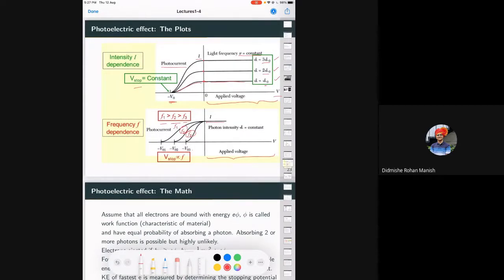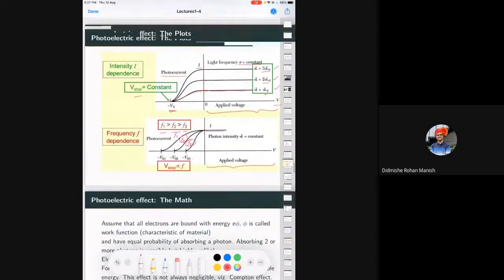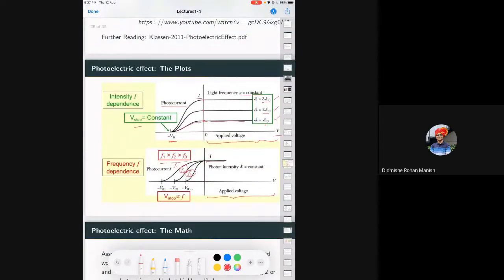So he proposed that the energy of the light was related to its frequency. Okay. Which meant that the higher the frequency, the more energy the emitted electron had. And the intensity was simply the number of photons that were supplied.